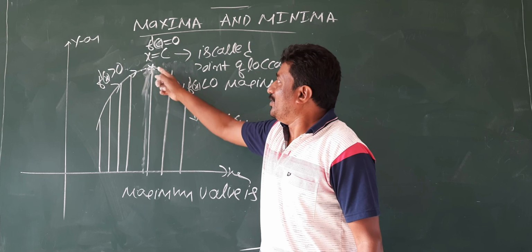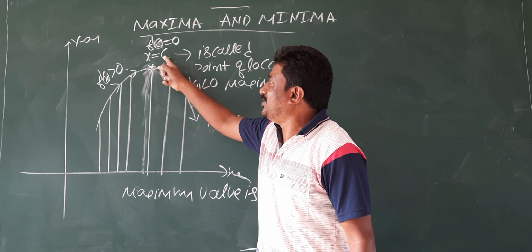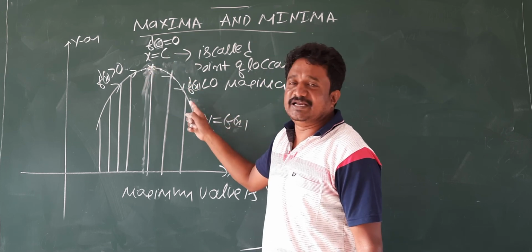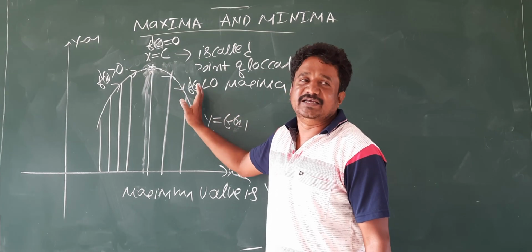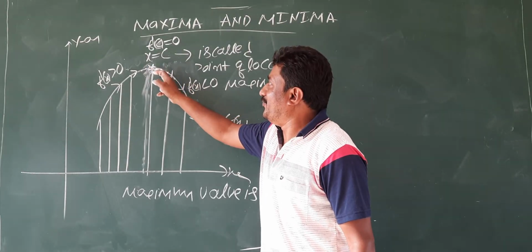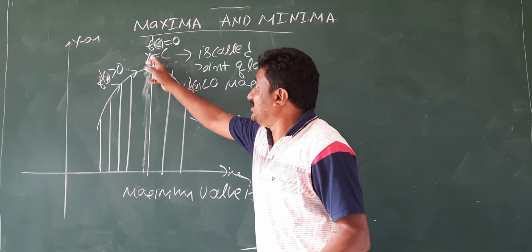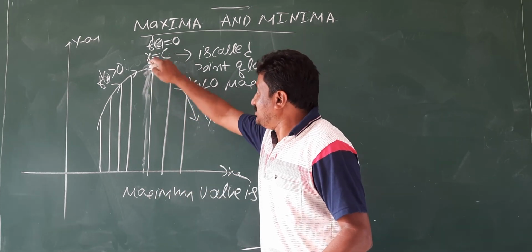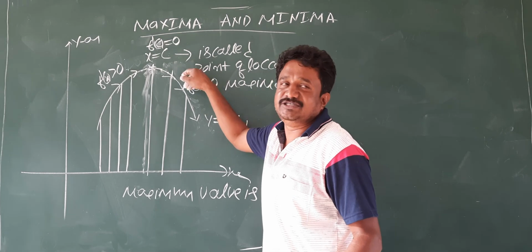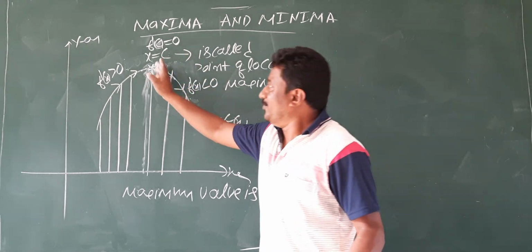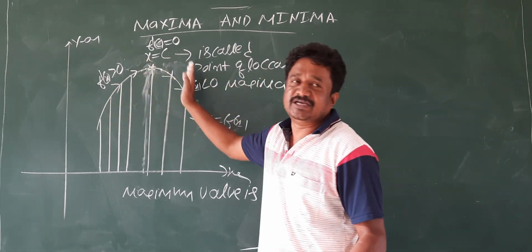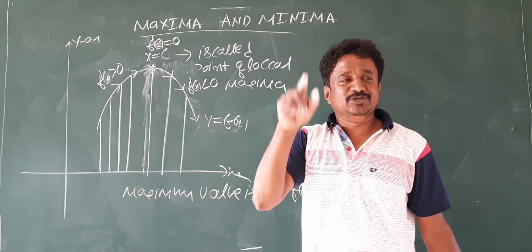After the point x is equal to c, it starts decreasing. In the right neighborhood of the point x is equal to c, f of x is decreasing, so f dash x should be negative. This side positive, this side negative, middle must be 0.